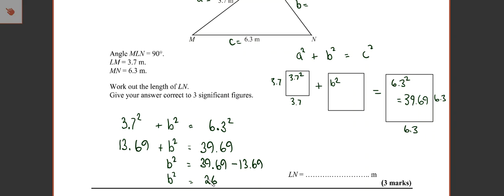And then to finish off, if b squared is 26, we actually need to know the length of the side of the square. So b is equal to the square root of 26, which is 5.0. So b is 5.0.